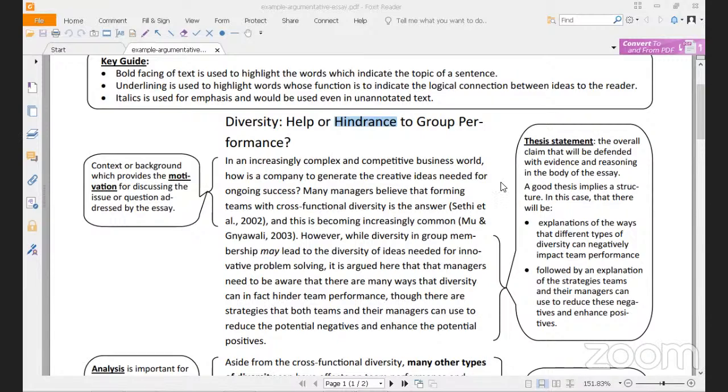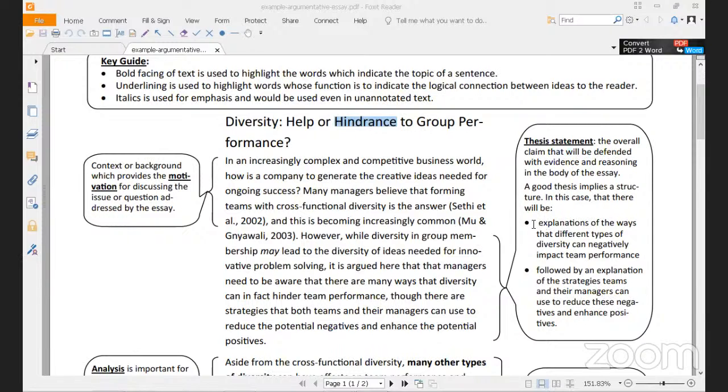Okay, so in this case, your thesis statement tells you the overall claim, okay? So while diversity in group membership may lead to the diversity of ideas needed for innovative problem solving, it is argued that managers need to be aware that there are many ways that diversity can in fact hinder team performance, and so on and so on. There's more. This is a big thesis statement, right? But it is giving you an explanation.